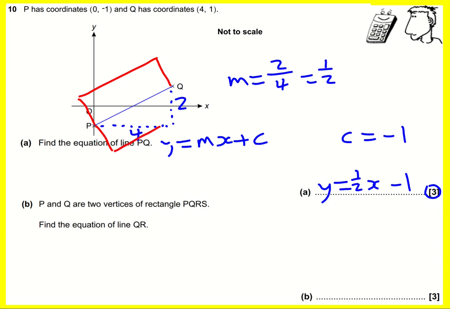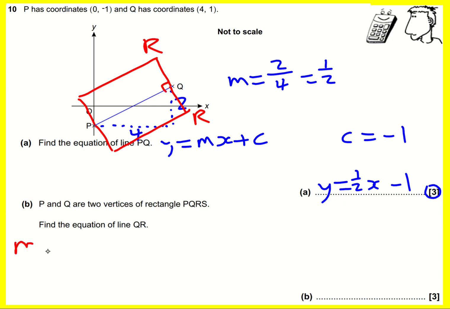I just realized actually this is quite a tough question. So either this is R or this is R, but actually it doesn't matter because it'll be the same line. What this question is testing us on is perpendicular lines, because here we've got a right angle.